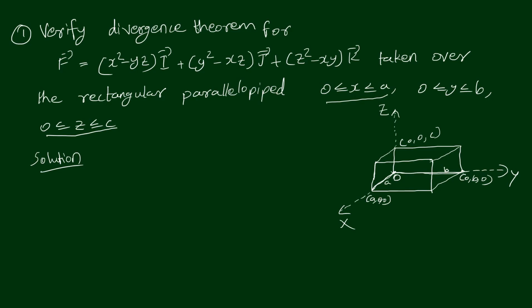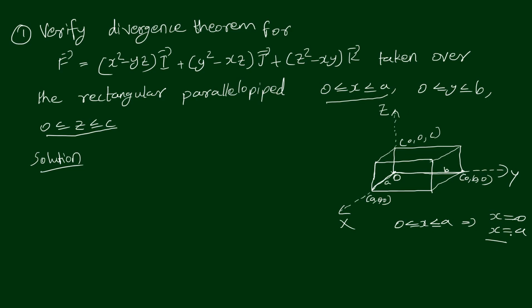Simply, here you will get 6 equations of surfaces. From 0 ≤ x ≤ a you will get x = 0 and x = a. X is bounded between 0 and a. What is x = 0? It is the yz plane, so you will get that yz plane here.